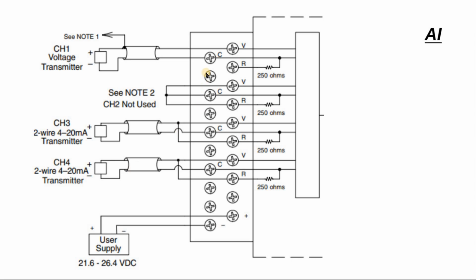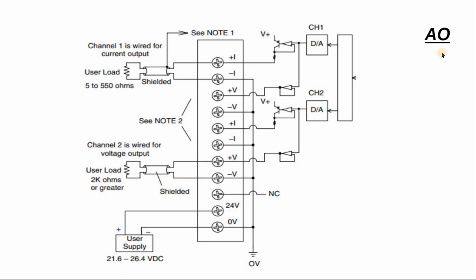So assume you have 8 channels, each one of them 4-20 milliamps, then the consumption of this card from the power supply is, let's say, 22 or 25 milliamps multiplied by 8 or by 16 or by 4, depending on your card capacity.